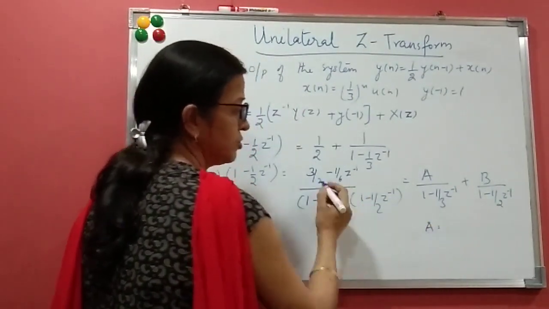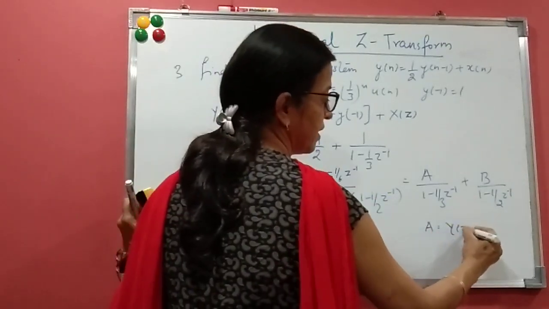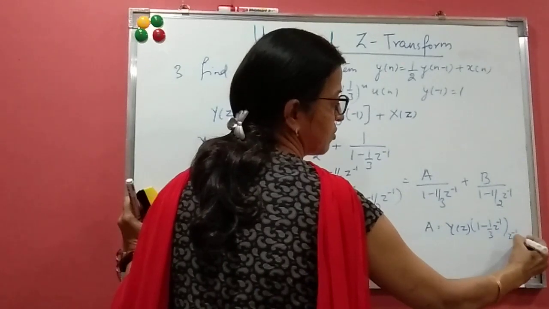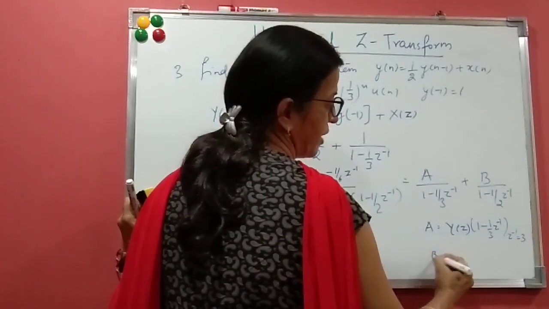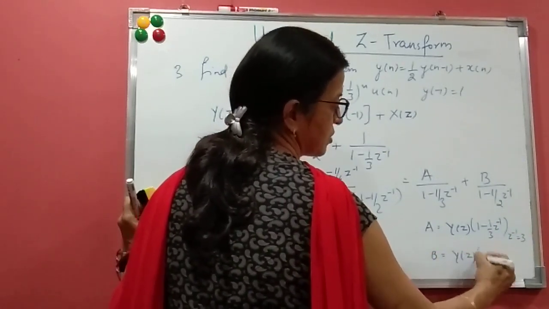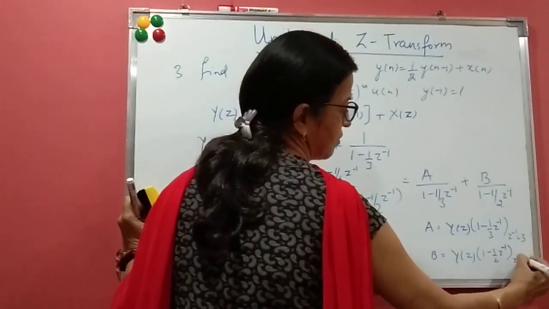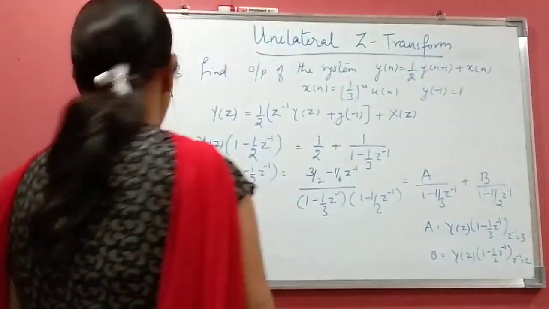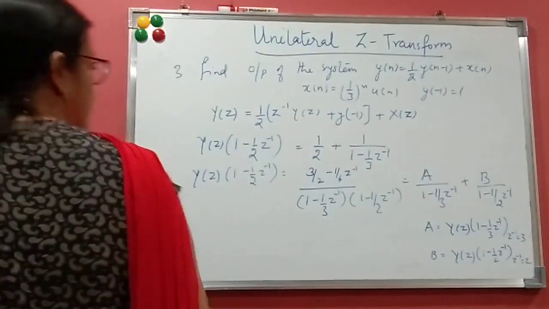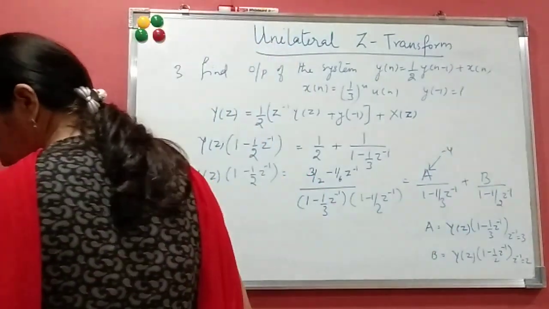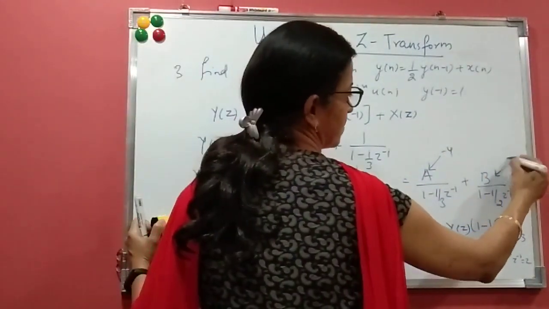A will be equal to Y of z into 1 minus 1 by 3 z inverse, evaluated at z inverse equals 3. B equals Y of z into 1 minus half z inverse, evaluated at z inverse equals 2. If you put these values, the value of A you are going to get is minus 4, and the value of B you are going to get is 7.